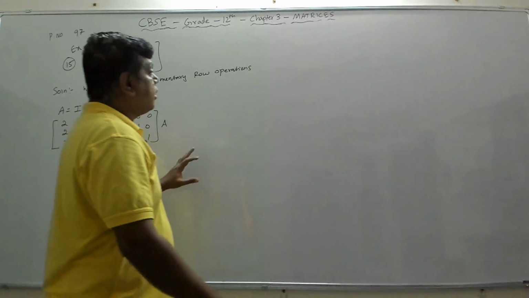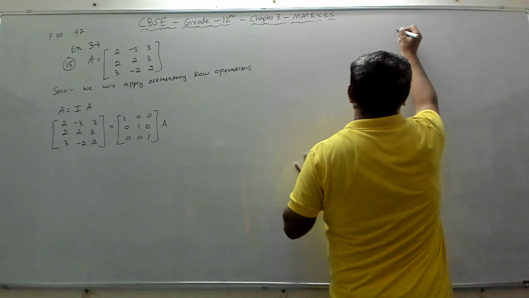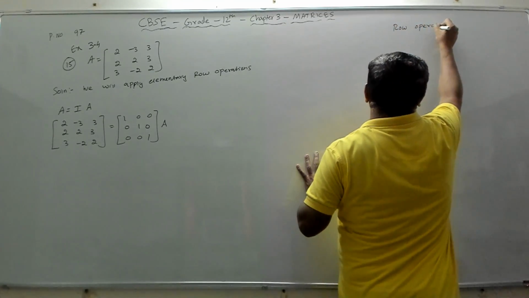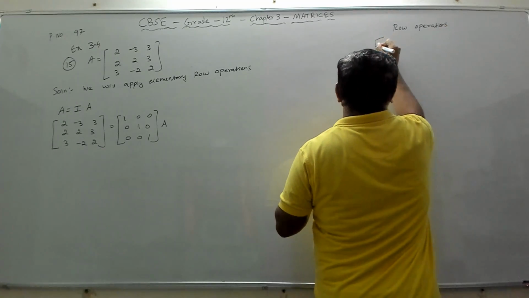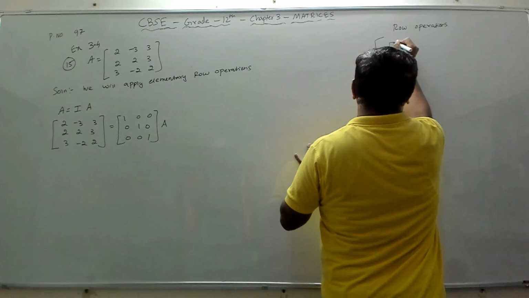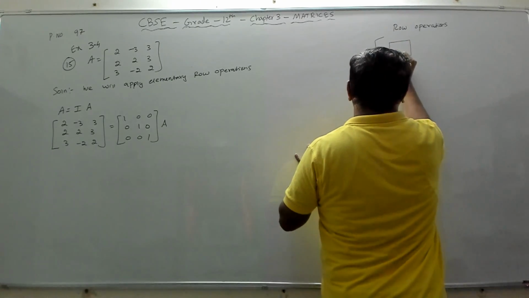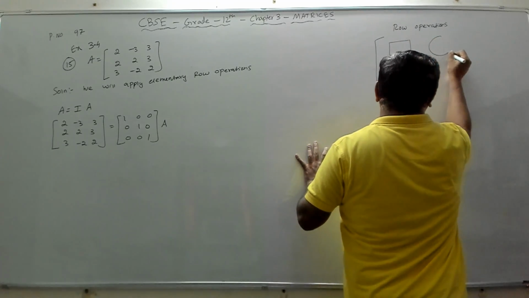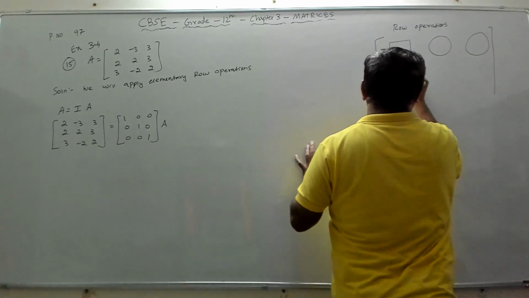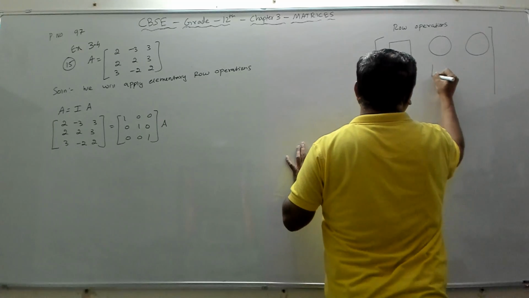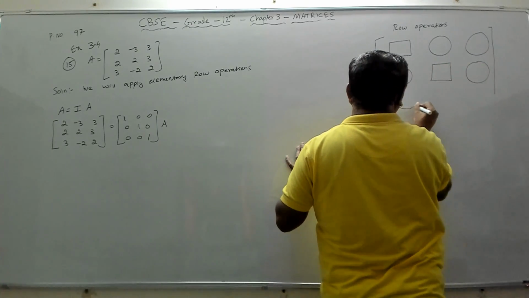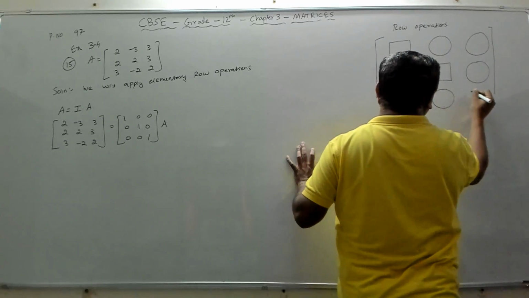Now I will write the logic, or the steps, that we should follow when applying row operations to a 3 cross 3 matrix. First I will put a box here. Box means 1, circle means 0. Then circle, box, circle, then circle, circle and box.